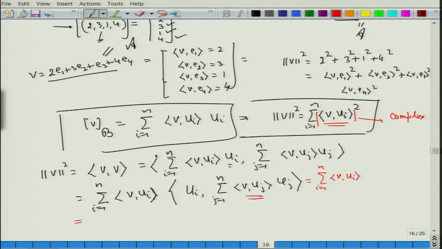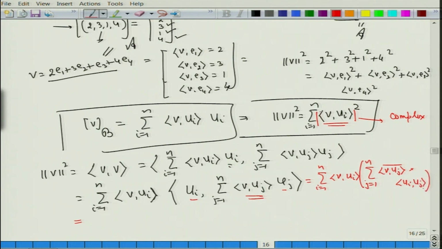Now if I want to take this out, this is the second coordinate, so I will have to write in terms of j equal to 1 to n, V comma uj bar, I will have to do that because it is the second component, and then it is UI with uj. Is that okay? This into UI uj.